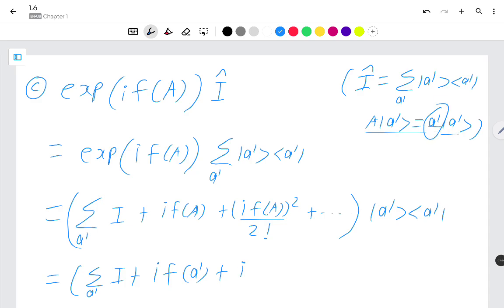So instead of an operator valued function, now it is just a number valued function.